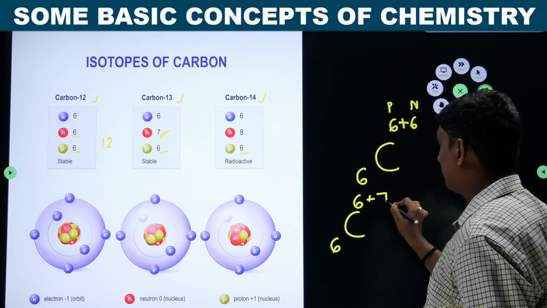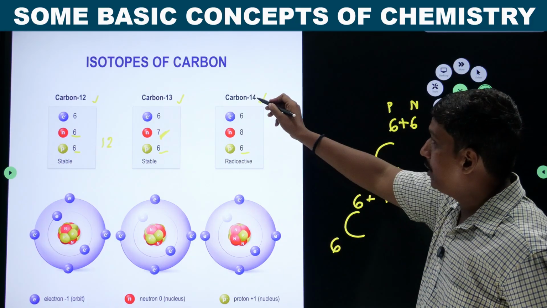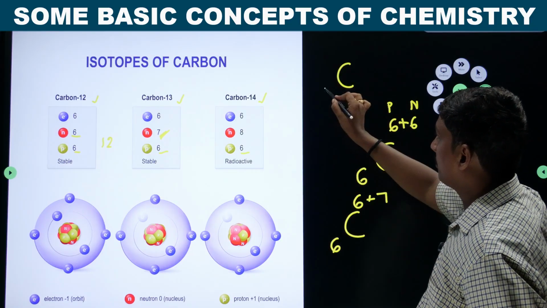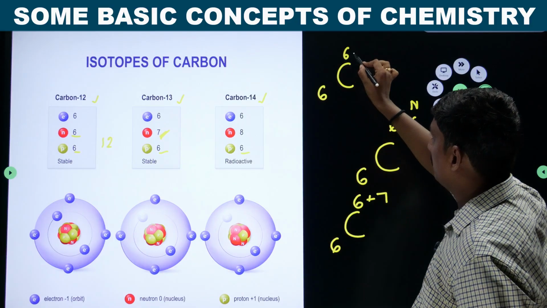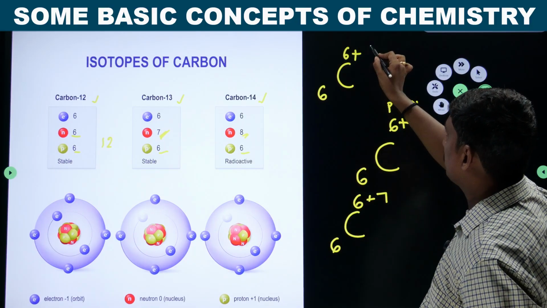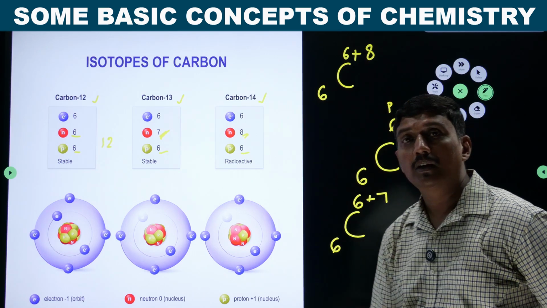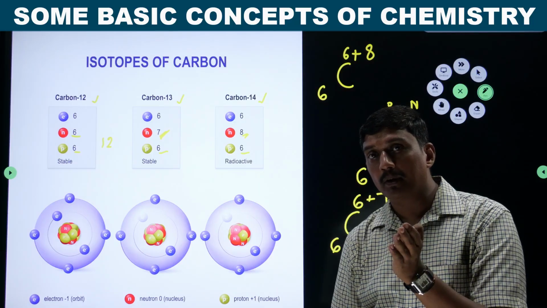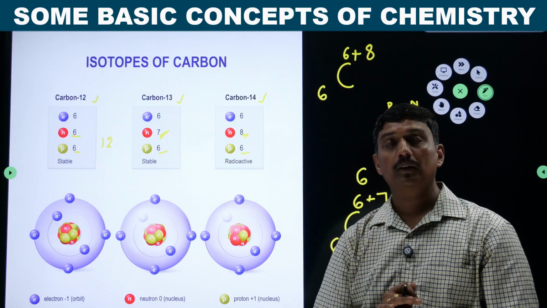So 6 plus 7. Look at carbon 14. The proton number is the same, 6, but the number of neutrons is 8. 6 plus 8. In all the cases, the neutron number is increasing.